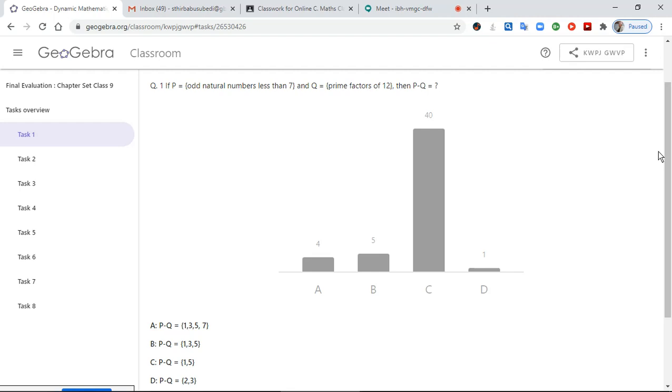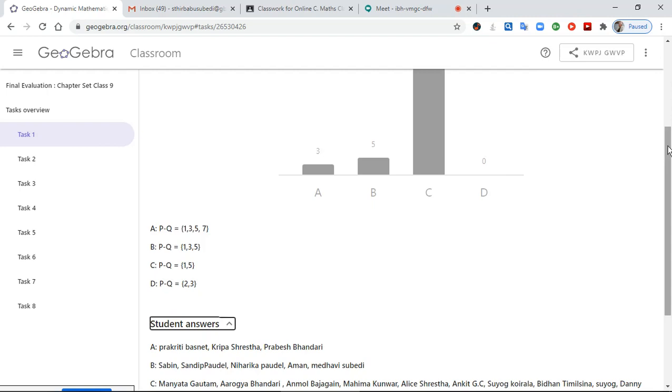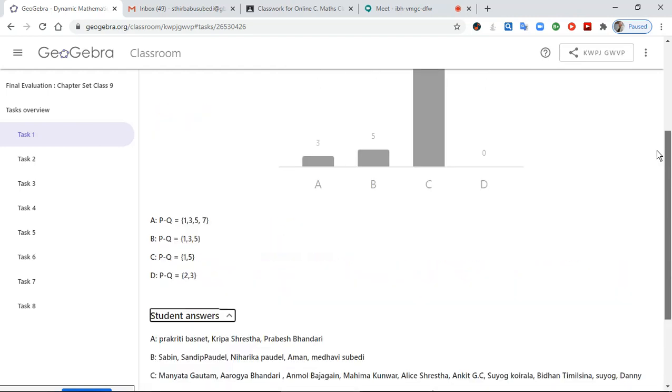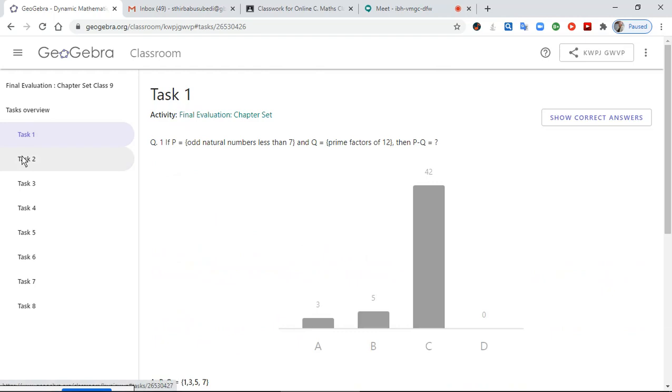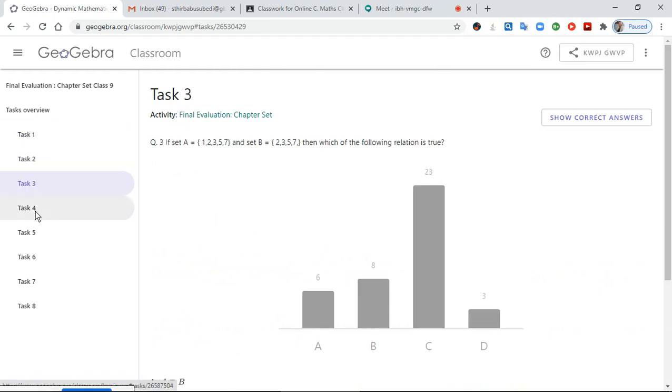Let me check in first number how many students. 39, 40 plus 9, 49 students submitted number 1 questions. Please complete your tasks as soon as possible.